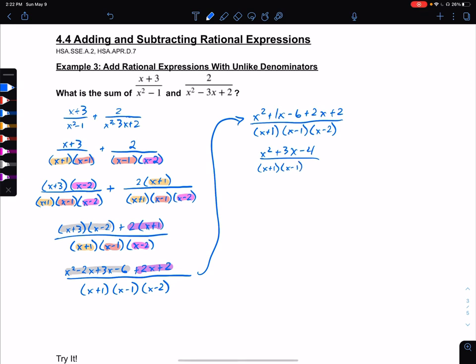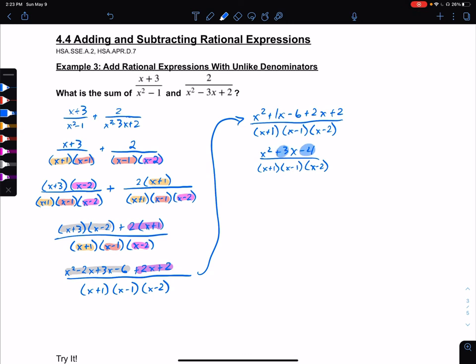This is where these problems get a little bit annoying. Maybe you haven't loved this whole process before. But when we get to this final step, when we've combined all our like terms in our numerator, we need to check to see if this can be factored again, because there is the chance that we can simplify or reduce something out. So in my numerator, I need to ask myself, are there factors of negative 4 that add up to 3?